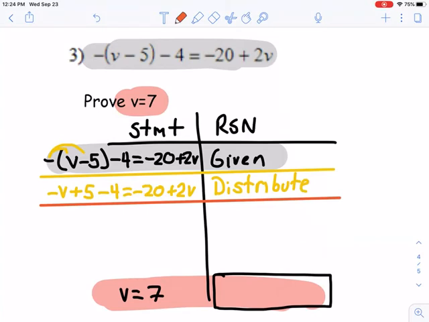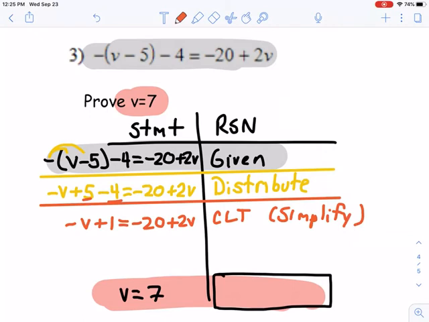On this left hand side I have 5 minus 4. Since it's all on the same side, it's going to be negative v plus 1, combined like terms. I'm going to write CLT, and don't forget, you might see on a Canvas quiz, because all the teachers help make Canvas quizzes from years ago, simplify. It might say that.